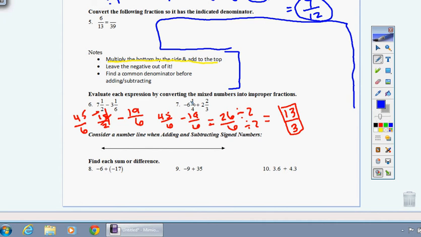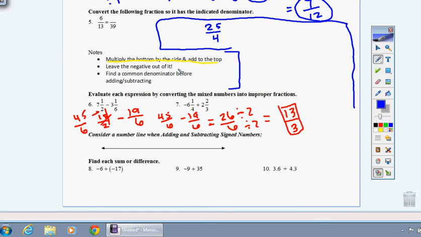Okay, so we have a negative mixed number now. When we follow these steps here, notice bullet point number 2. Leave the negative out of it. So I'm still going to multiply the bottom by the side when converting this to a mixed number. So 4 times 6 is 24, plus 1 is 25. So that's going to give me 25 over 4.